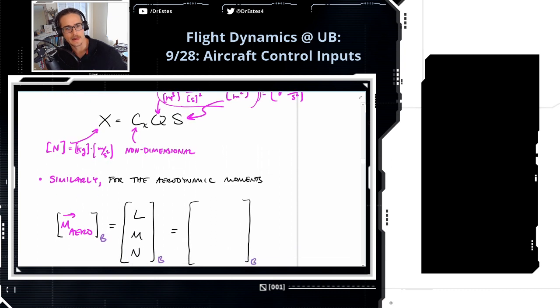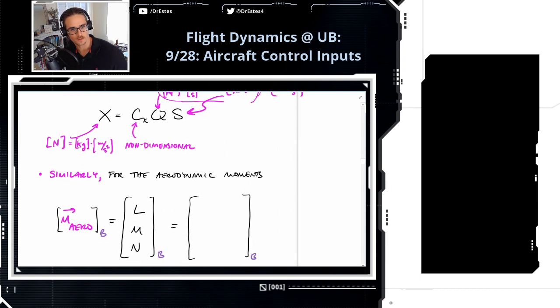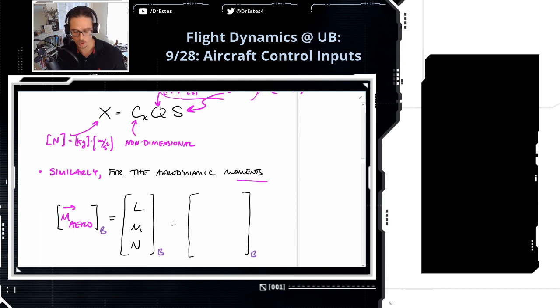Okay. Now, for the aerodynamic moments, we also have some non-dimensional coefficients. So we're going to have CL, Q, S, and notice this, a moment is in newtons times meter.